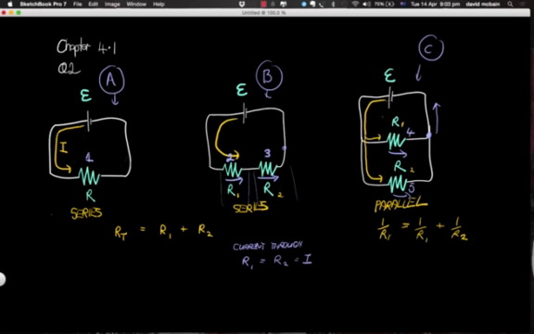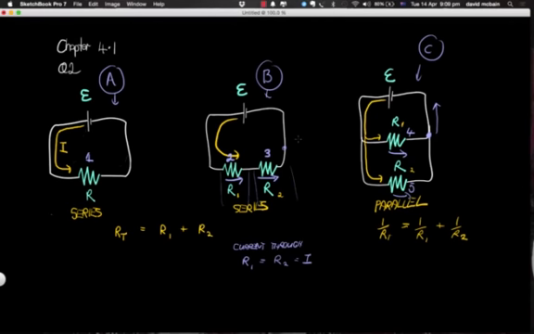On the other hand, those charges that went the other path through R2, because they too will only go through one resistor, must also spend all of their energy to get through that one and only resistor. So therefore the potential difference across R2 will also be 12 volts. And in parallel circuits, the voltage drop across resistors in parallel will always be the same as each other.